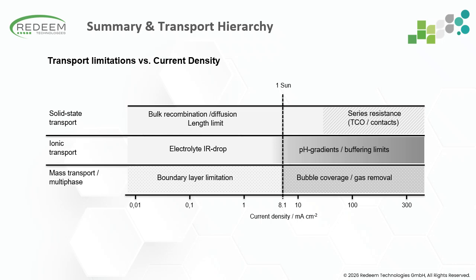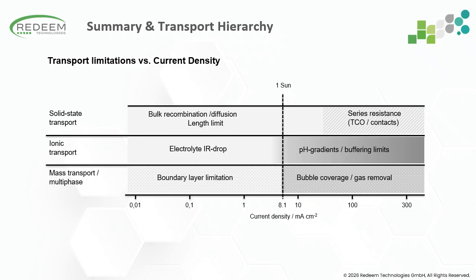So the important point here is that not all transport limitations dominate at the same operating current density. Inside the semiconductor, charge carriers are the first limitations at low current densities. Recombination and finite diffusion length can dominate here. And as current density increases, electrical series resistance in the semiconductor, the TCO layer, and the contacts become increasingly more important.